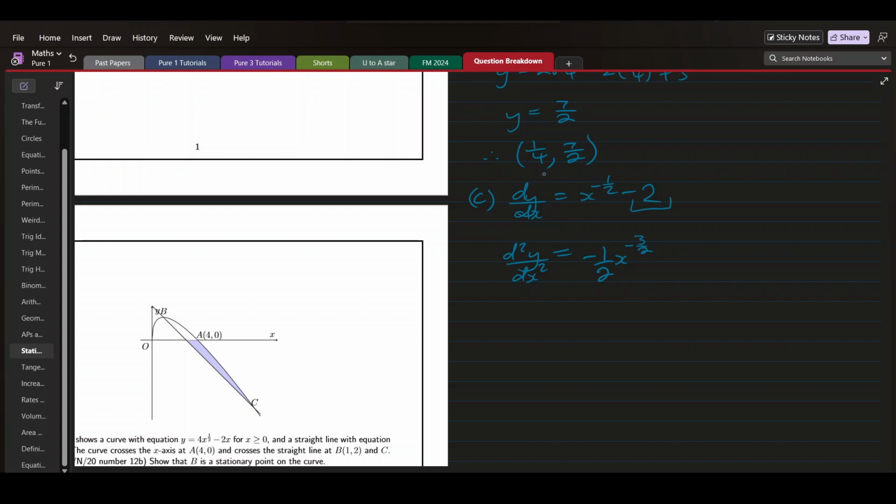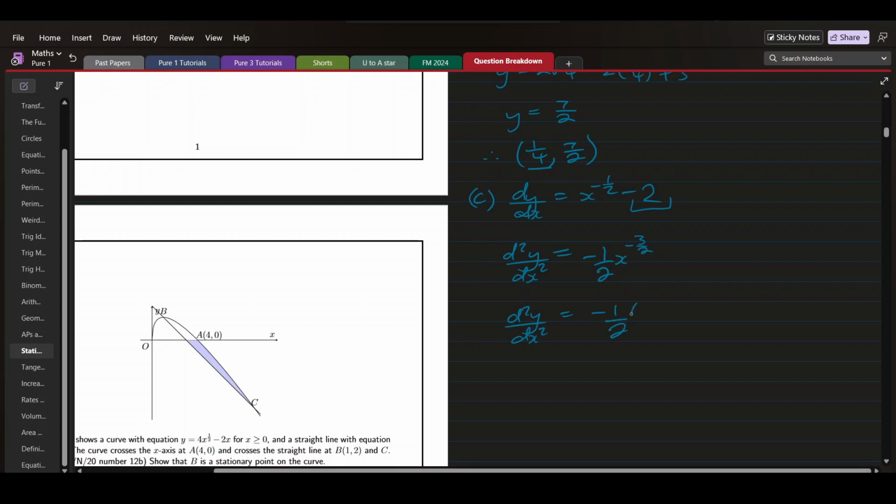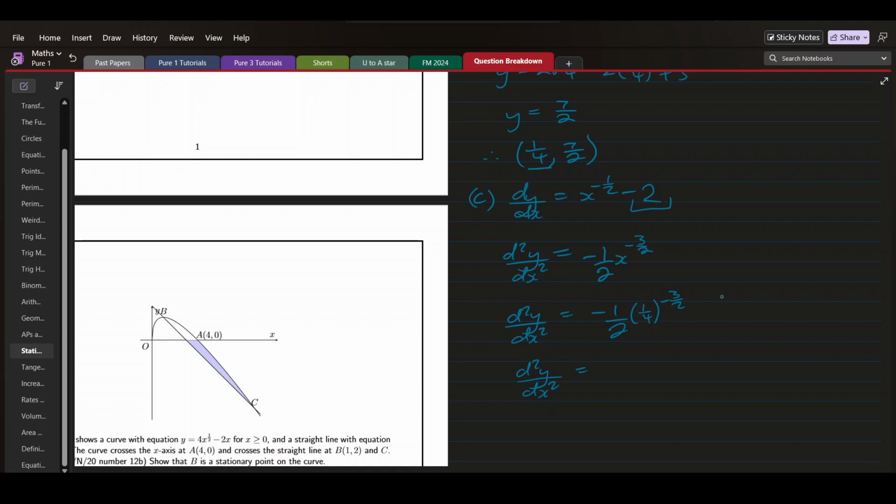So now we want to determine the nature of the stationary point at x equal to 1/4. So let's substitute that into our second derivative. That's (1/4)^(-3/2). Punch this into the calculator. This is -1/2 × (1/4)^(-3/2), and this gives us -4.